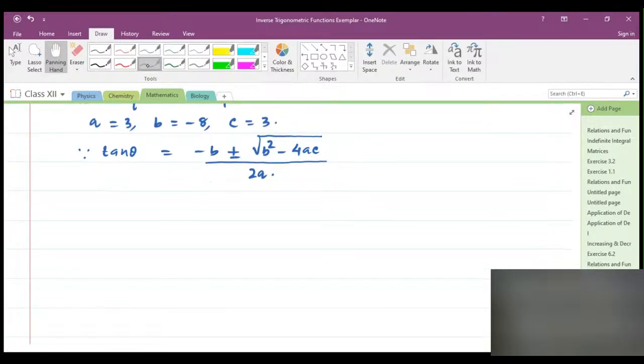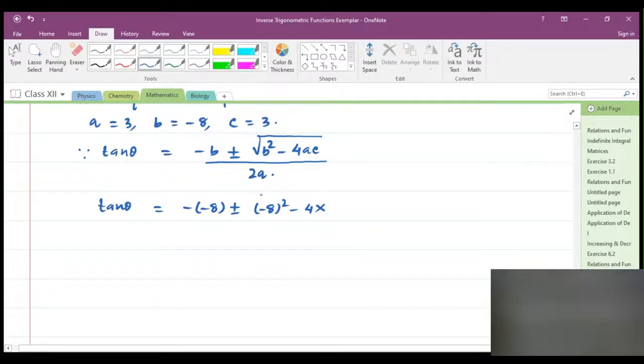Then we get tan theta equal to minus of minus 8 plus minus root of minus 8 whole square minus 4 into 3 into 3, over 2 into 3.